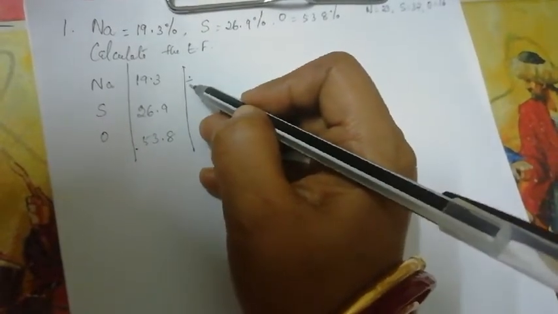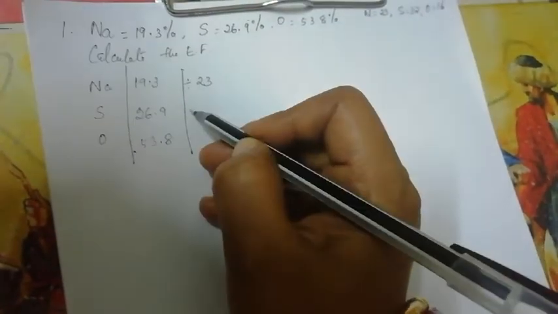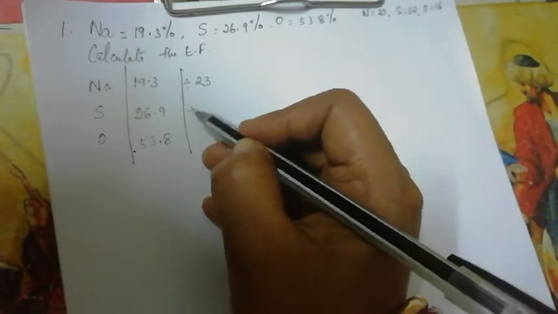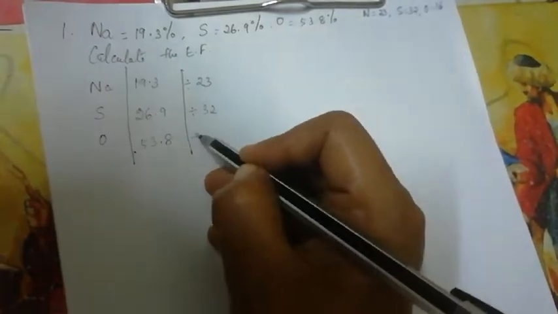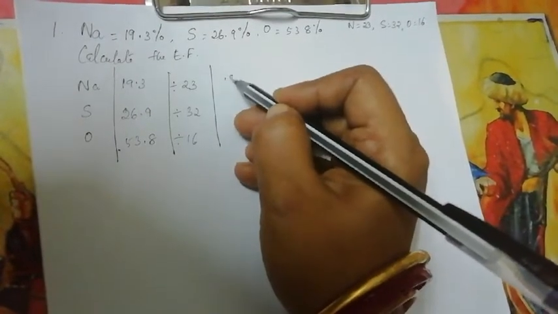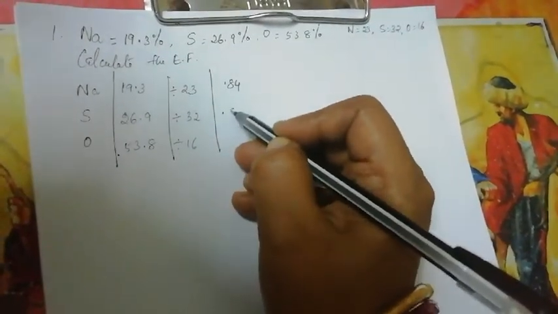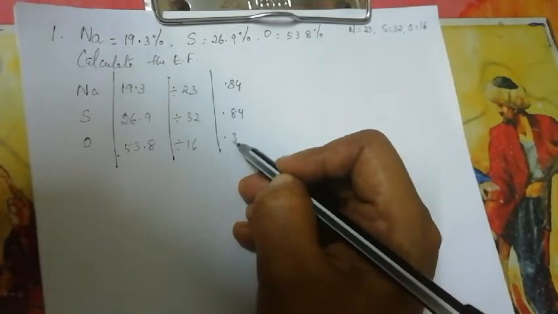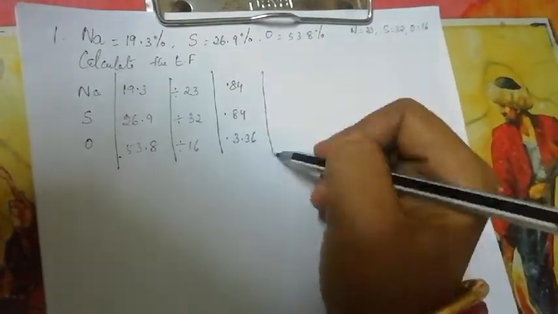Then divide by the atomic mass. Sodium 23, sulfur 32, oxygen 16. On dividing, you get 0.84, 0.84, and here you get 3.36.